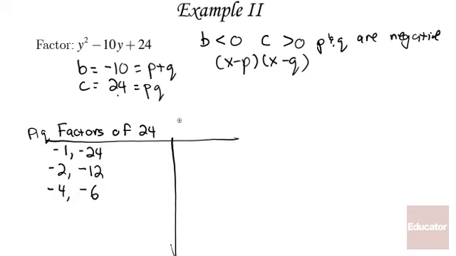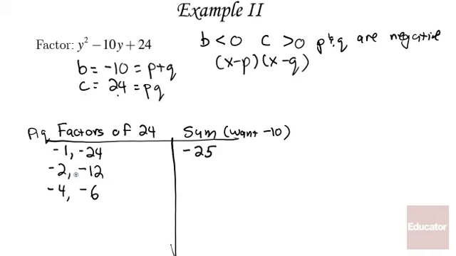Now, my second criteria is to make sure that these factors also add up to negative 10. And I want the sum to be negative 10. So I know that all of these fit my criteria for C, being P times Q, but I don't know what the sums are. So I find the sum, negative 25. That's not correct. I want negative 10.